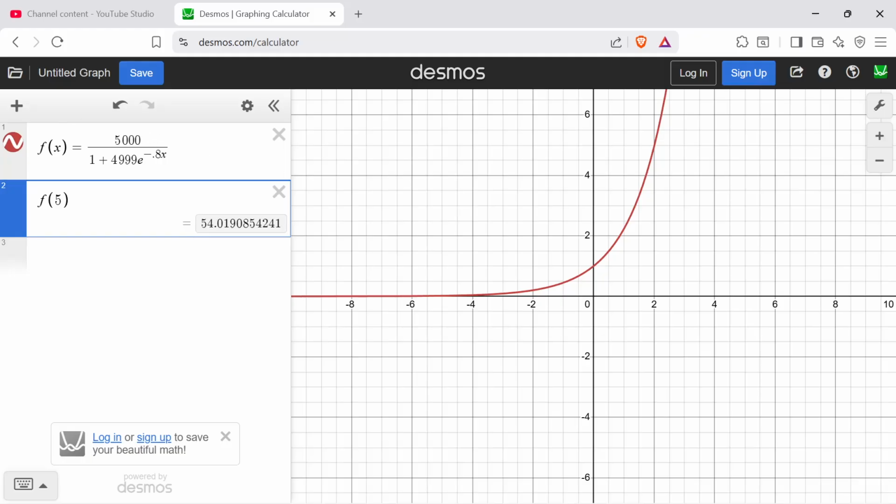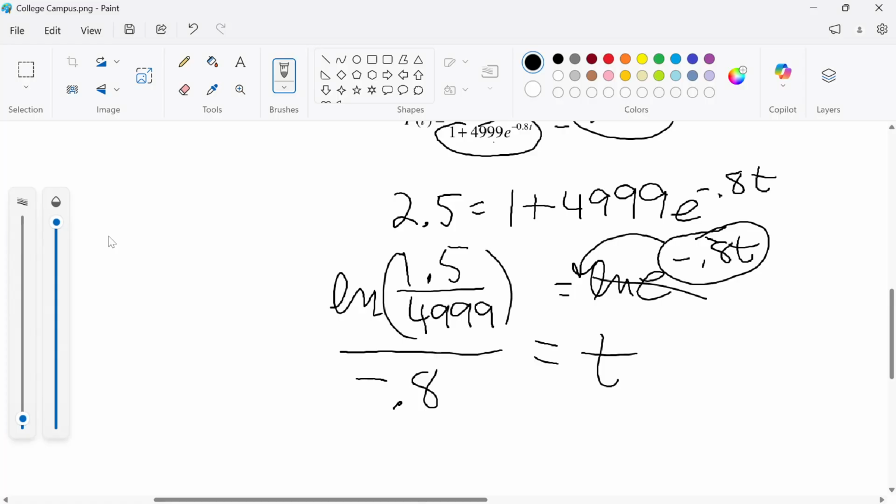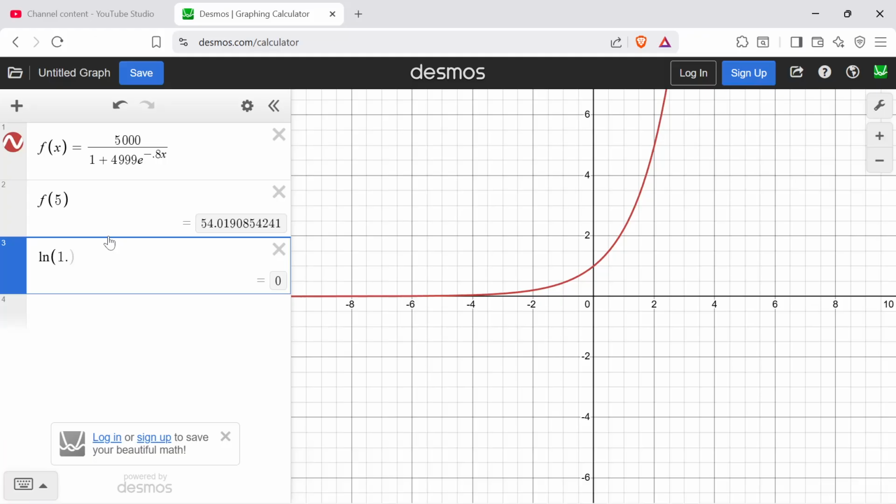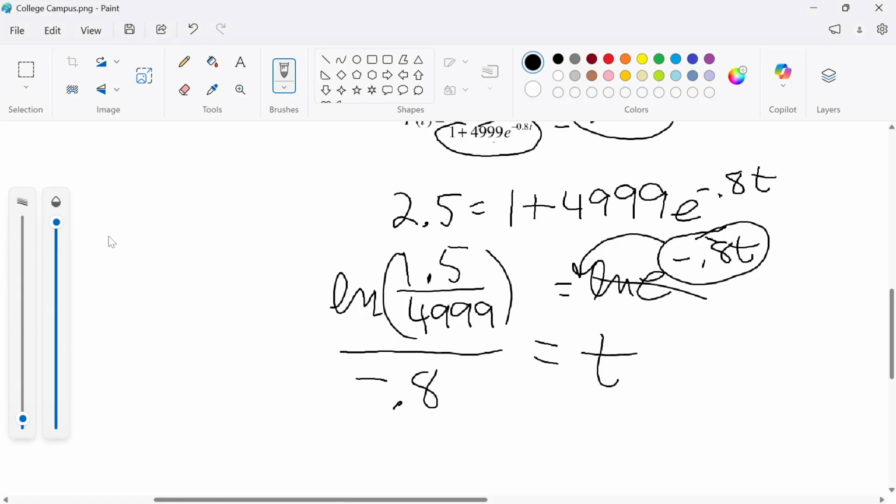So I will do this on Desmos: natural log of 1.5 divided by 4,999, divided by negative 0.8, and it equals approximately 10.14 days.